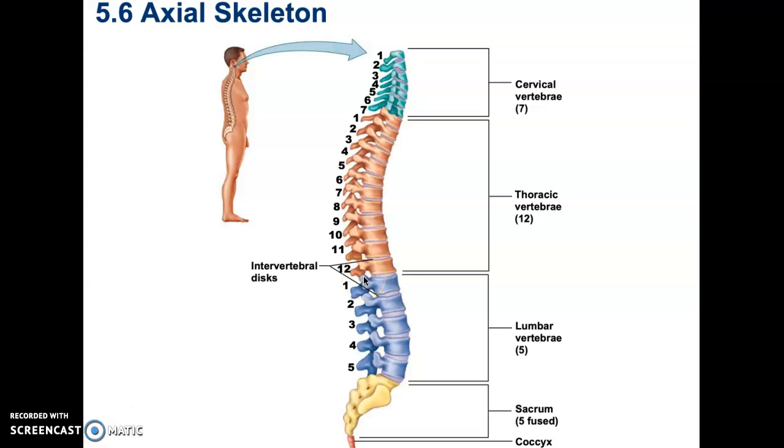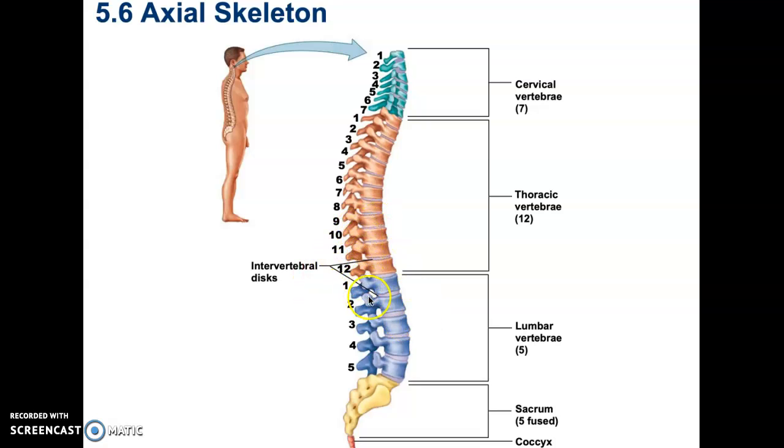If you've heard the term slipped disc, or I slipped a disc, it's actually a misnomer. It is a disc that bulges, but it doesn't necessarily move out of place. So it's not like this pad of fibrocartilage is actually going to slide out or fall out. It just starts to bulge. If it bulges inward, it can press against the spinal cord and interfere with the perception of incoming stimuli and muscle control.